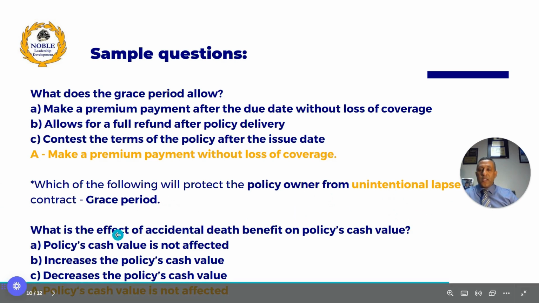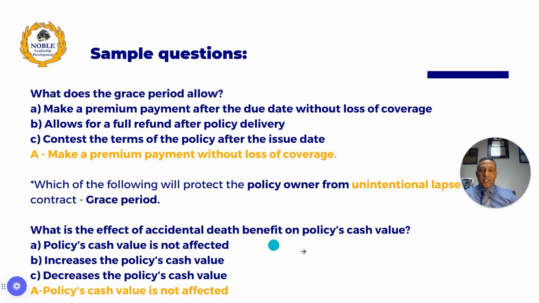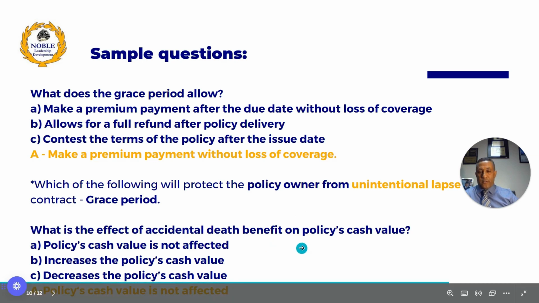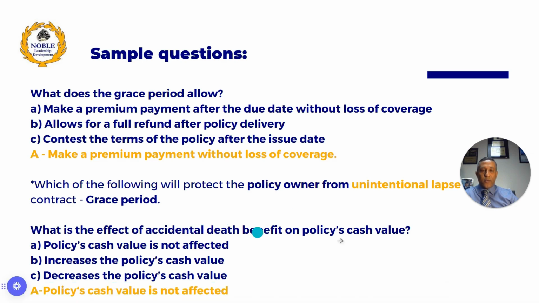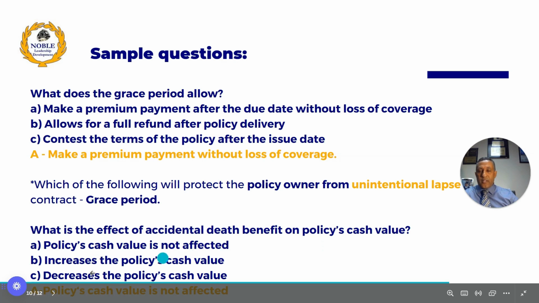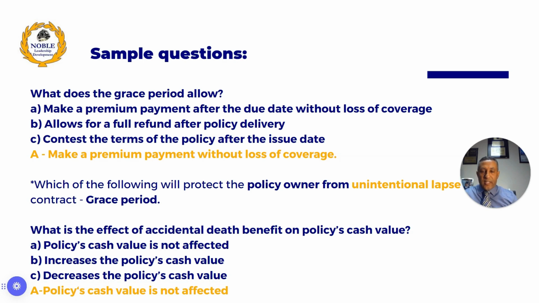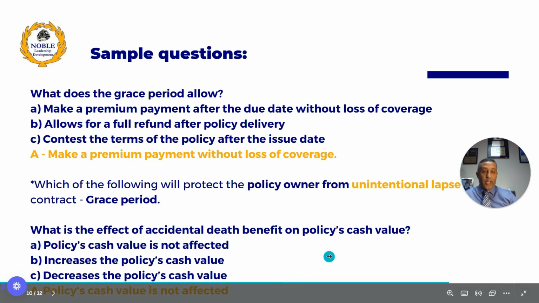What is the effect of accidental death benefit on a policy cash value? Policy cash value is not affected; increases the policy cash value; decreases the policy cash value. So accidental death benefit doesn't affect the policy cash value.